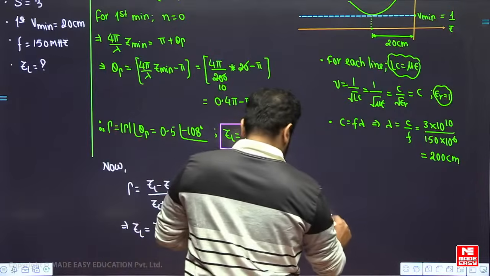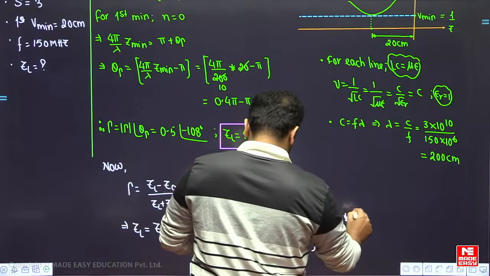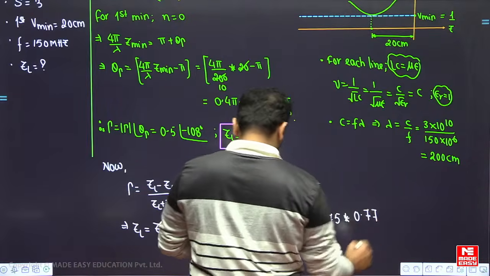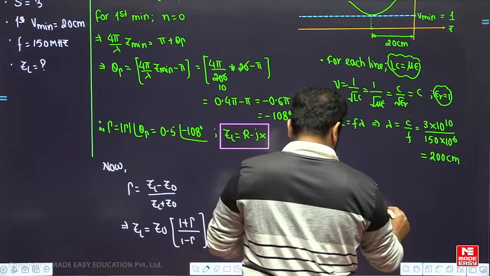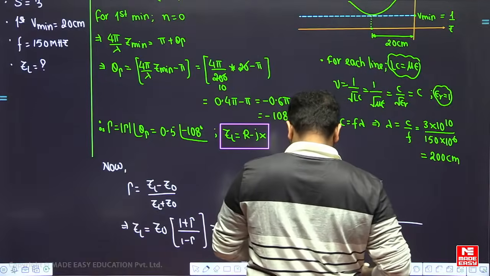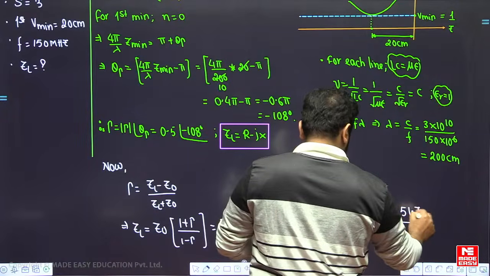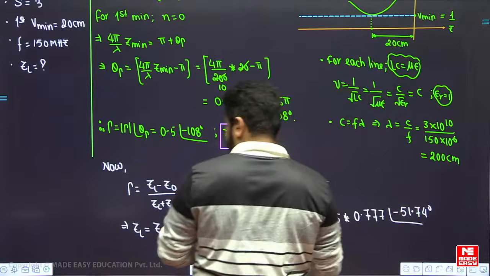It is coming as 75 multiplied by 0.777 at an angle of minus 51.74. Are you getting the same value? Just check the calculation, right.